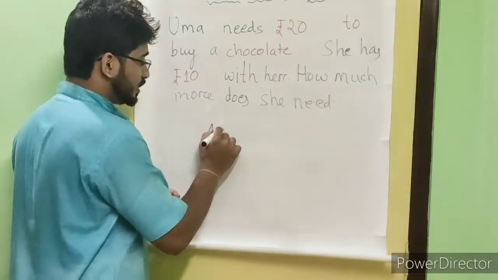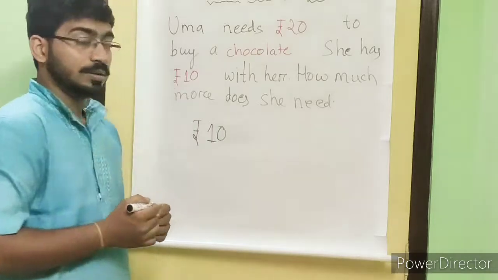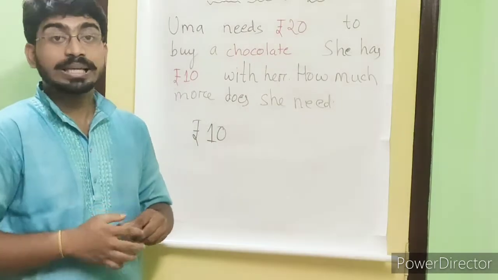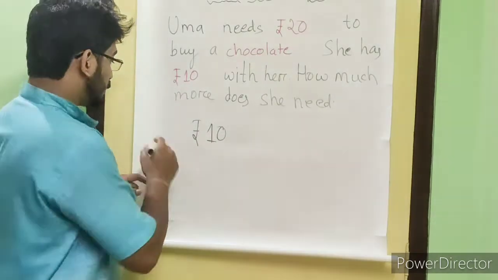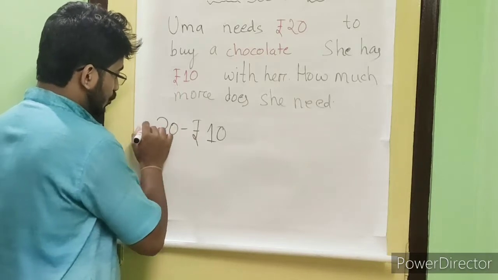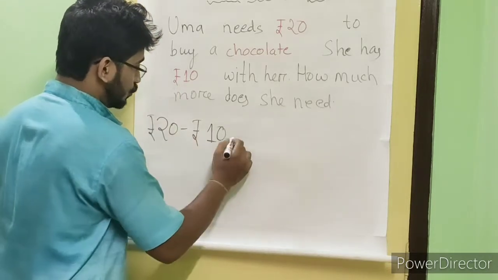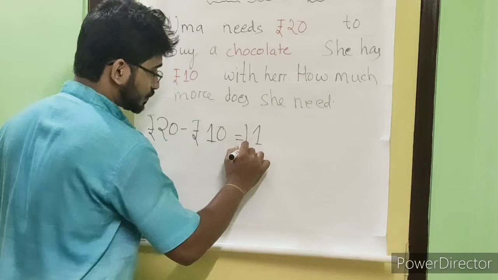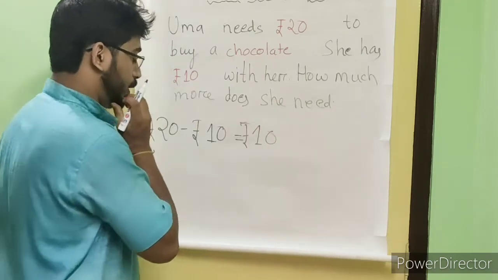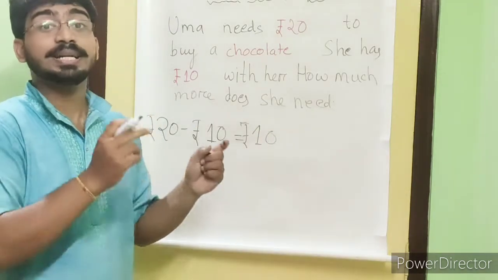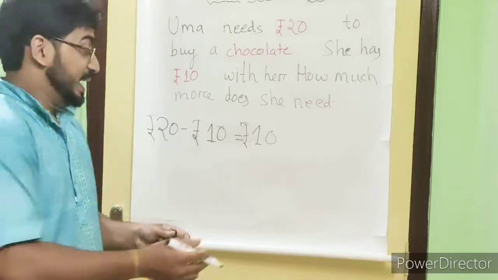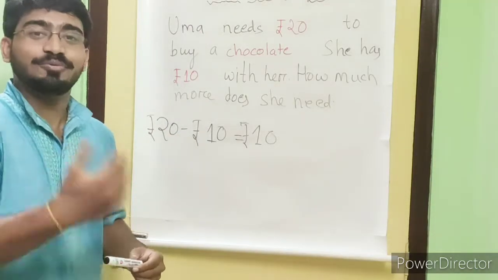Sir, she needs rupees 10. But how? কিভাবে? Because you have subtracted rupees 10 from rupees 20 and then you got the answer rupees 10, right?